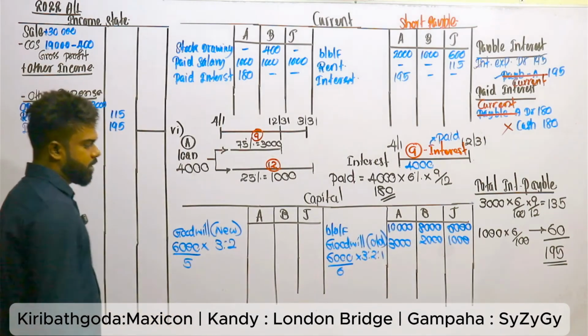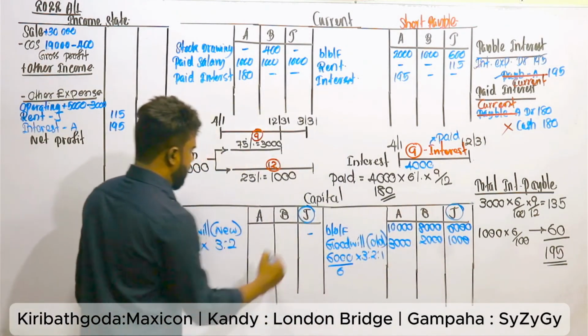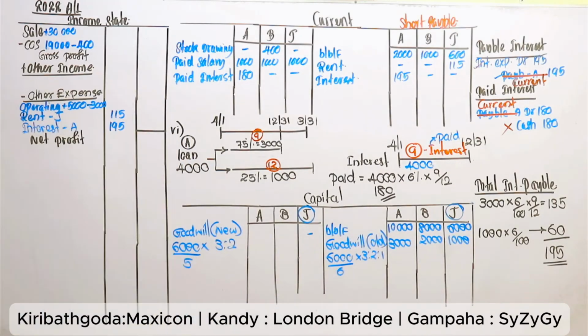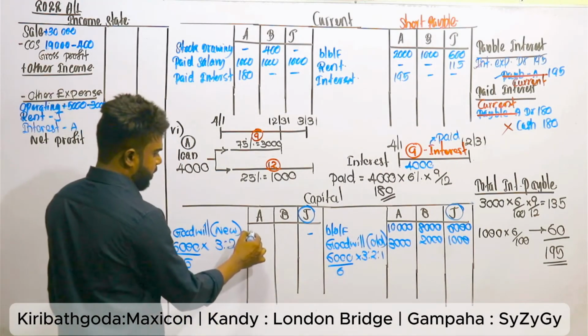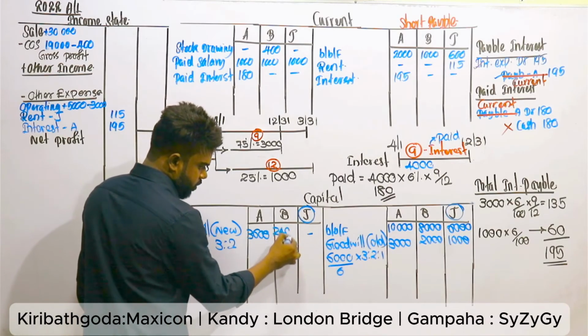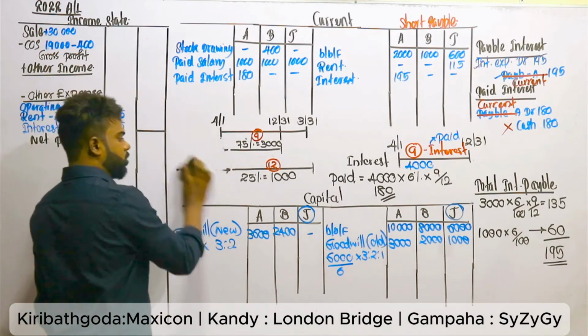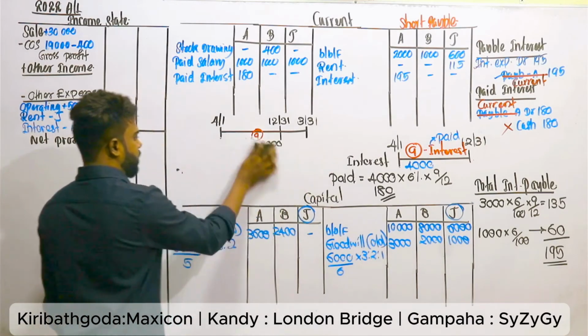Here Jaini retired. Therefore 3:2 only for A and B. 3,600 and 2,400.